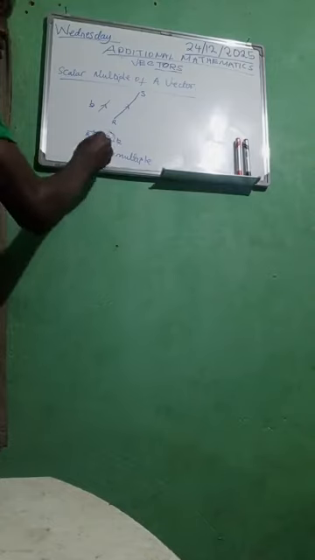So here, this K is a scalar. Scalar just means it is a number. So that K is a scalar. It can be positive. It can be negative. So how can a scalar be negative? We can give an example of that.